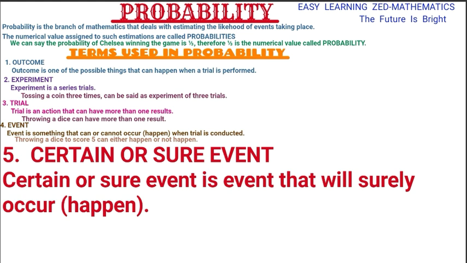So a certain event is something like, since today is 12th May, we can say tomorrow it will be 13th May. That is a sure event. Tomorrow, 13th May will come.